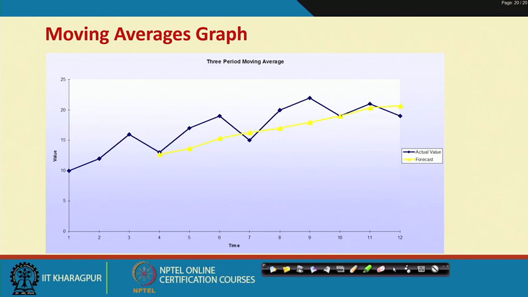Graphically, the comparison is here, the actual versus the predicted, and again as usual there is a difference between the actual and the predicted, and of course, the predicted will be the good one if the error component converges to 0 in the first instance.